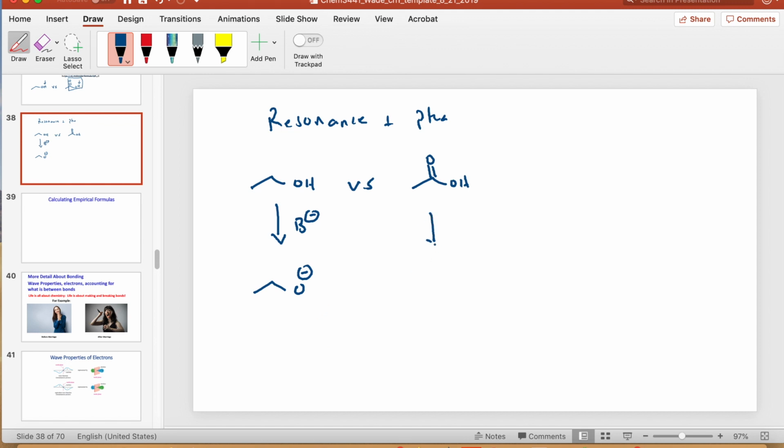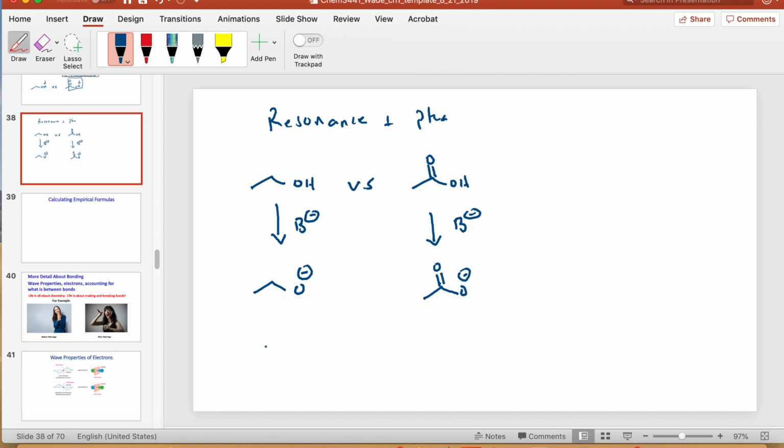Versus this guy with some base. And this would give me this conjugate base. So the question becomes, which one is easier to do, right? Which would then sort of mean which one is the most acidic.